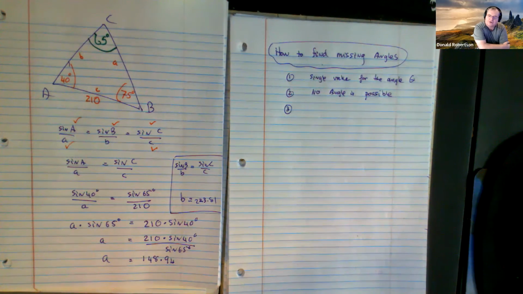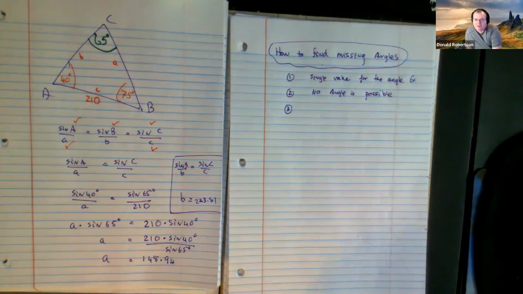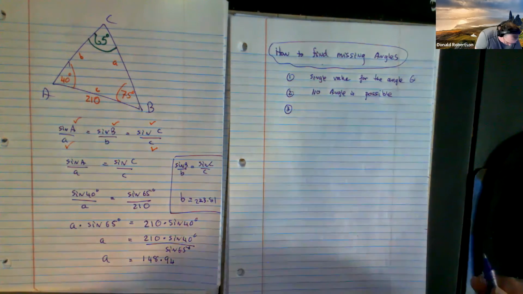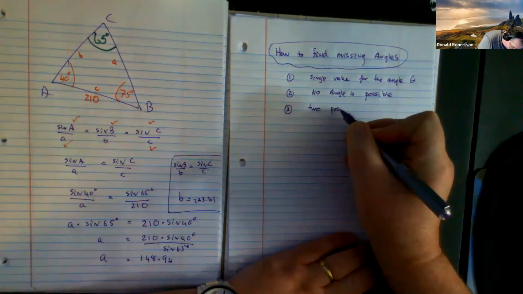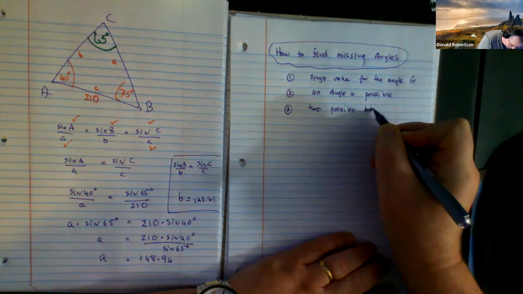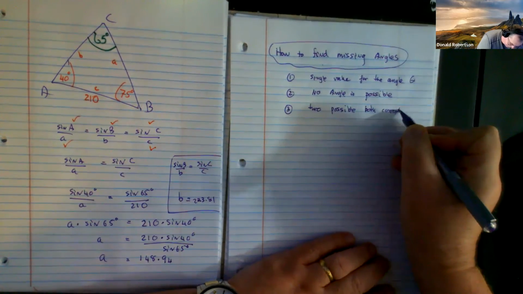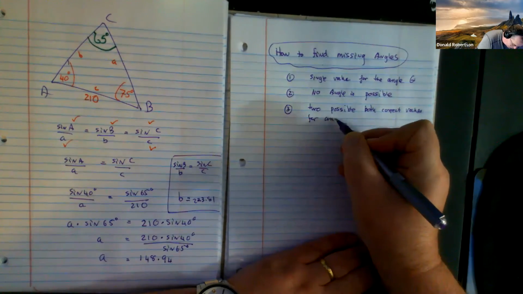Any ideas what the third thing that could happen in this kind of triangle story? Multiple values? Yeah, sometimes, not a lot of the time, but sometimes you can get two possible, both correct, values for the angle theta.